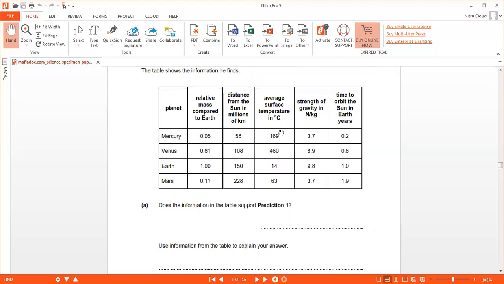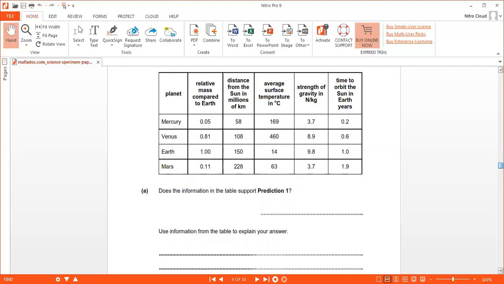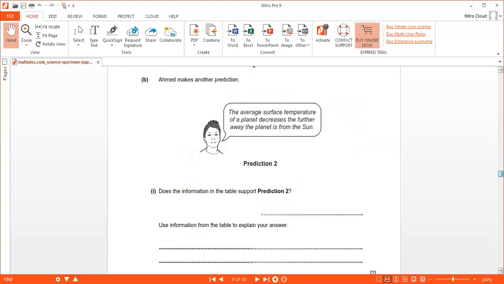Okay, Mercury 169, Venus 460, Earth 14, Mars 63. So the information here doesn't follow his prediction. So does the information in the table support prediction 2?